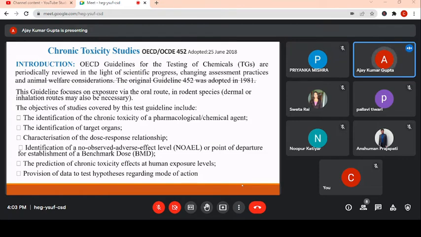So here the very latest OECD or OCDE 452 chronic toxicity study guideline has been selected to explain it in a much better way, which was adopted on 25th June 2018, so that there is a better understanding regarding such type of toxicity studies.